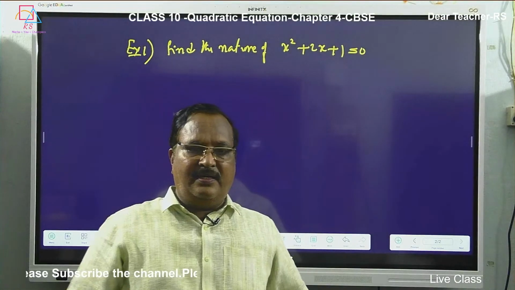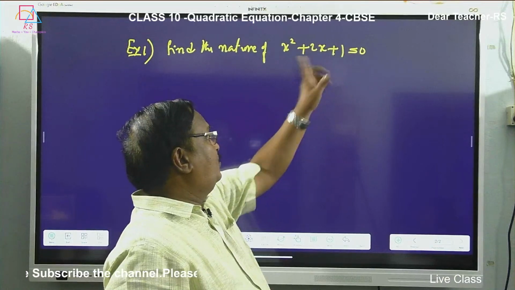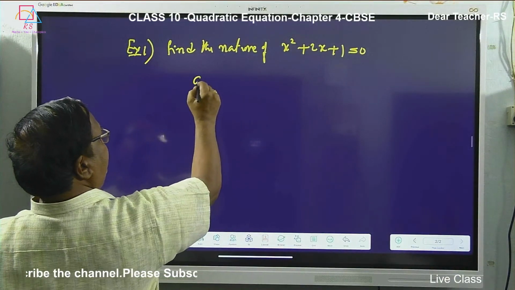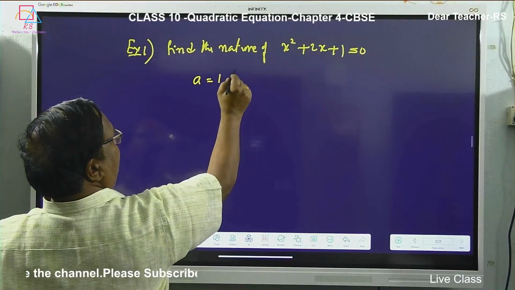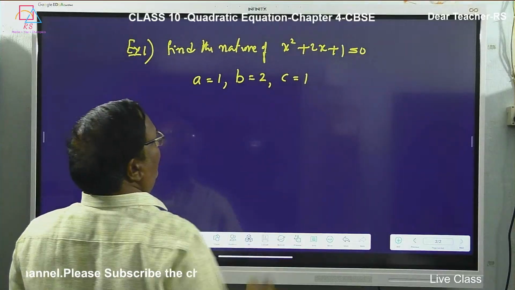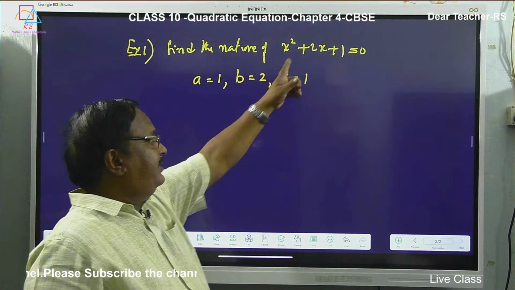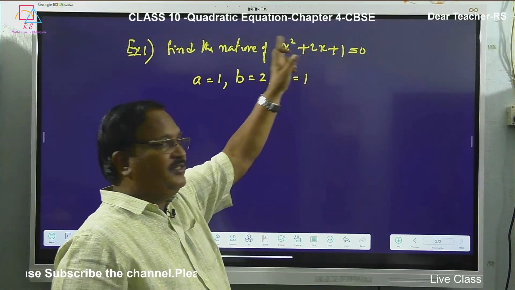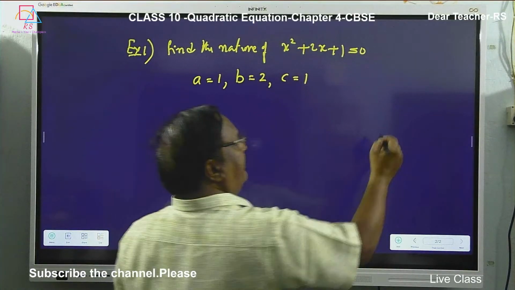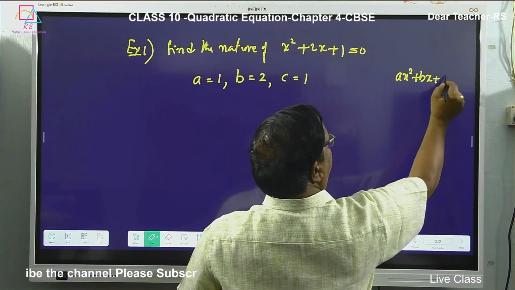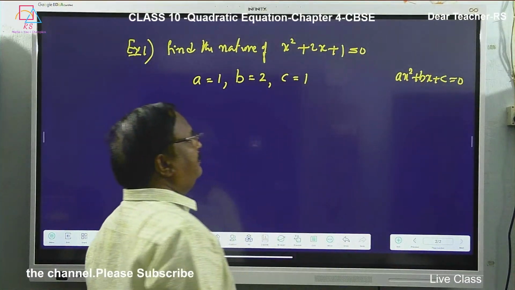So you have to write first a is equal to 1, b is equal to 2 and c is equal to 1. A is the x square coefficient, b is the x coefficient, because we are comparing with the standard form, ax square plus bx plus c is equal to 0.